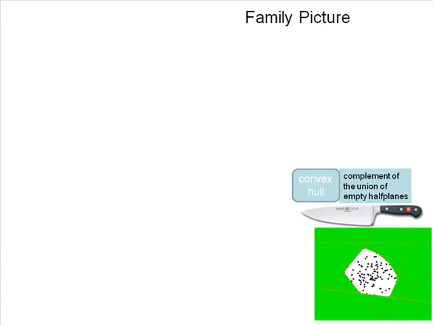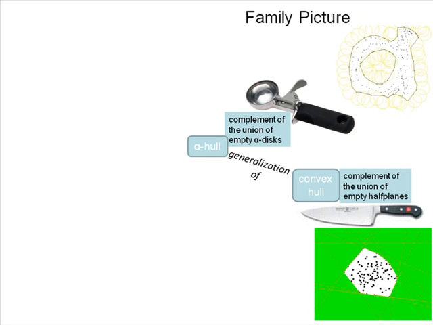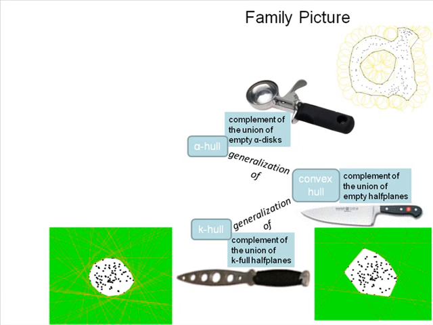So let's now do inventory in our kitchen. The knife is used to obtain the convex hull, the complement of the union of empty half-planes. The scoop of radius alpha is used to obtain the alpha hull, the complement of the union of empty alpha balls. The cheese knife with k holes is used to obtain the k-hull, the complement of the union of k-full half-planes. It is natural to define a generalization of both the alpha hull and the convex hull.